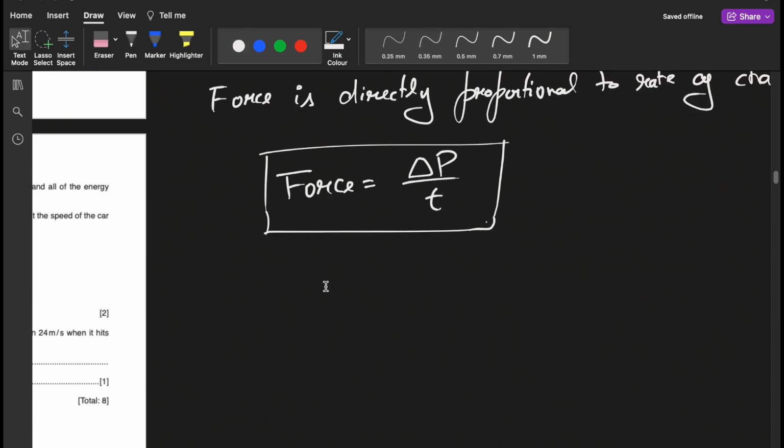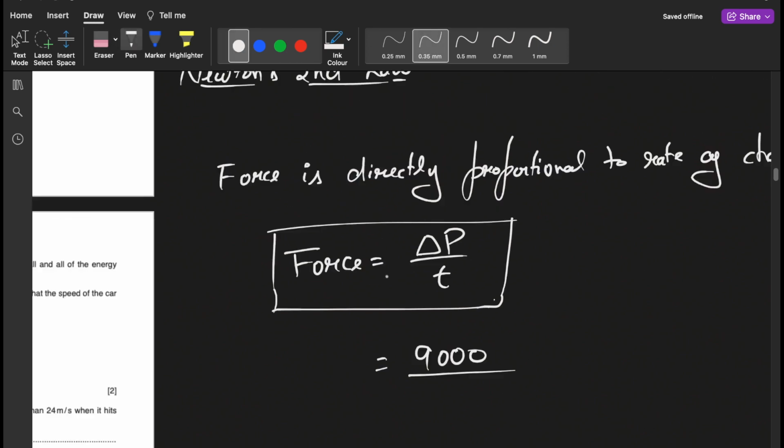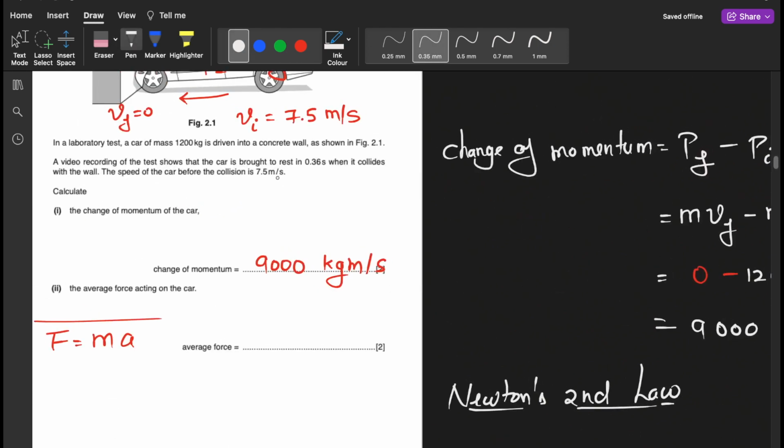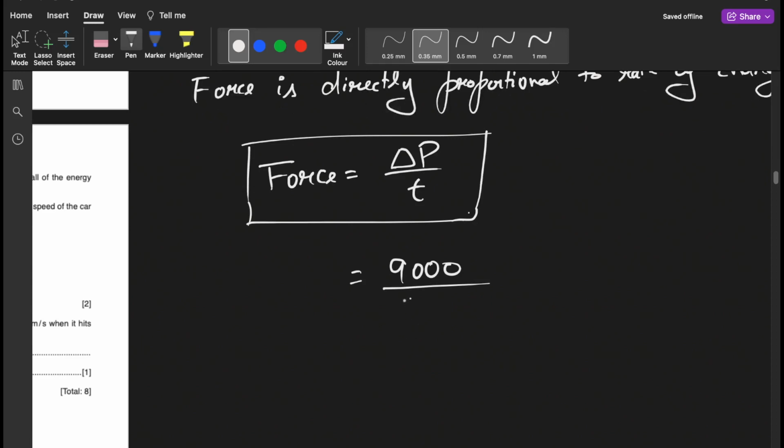Can you work out how much force it is? What is the change in the momentum? 9,000. And how much is the time? 0.36. Yeah, they have given it already. Just divide and then you will get that force.